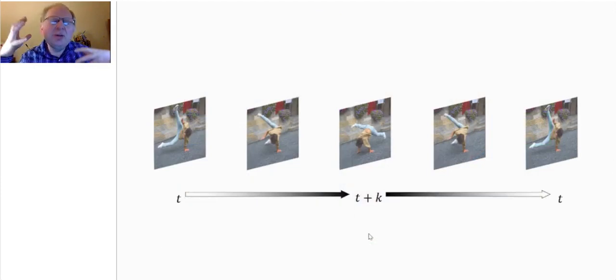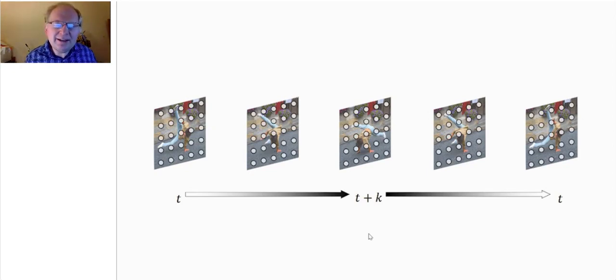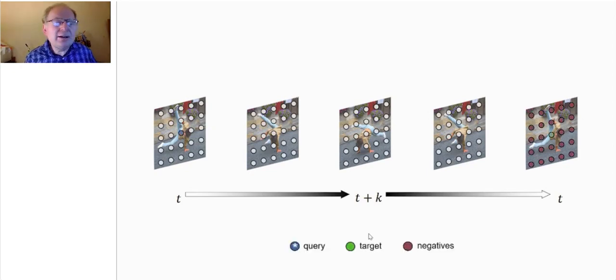So we turn the video into a palindrome, and then we make it into a graph. And then we perform a random walk on this graph, one frame at a time.